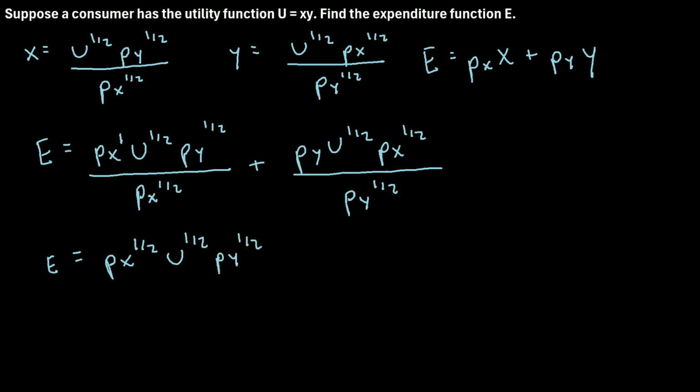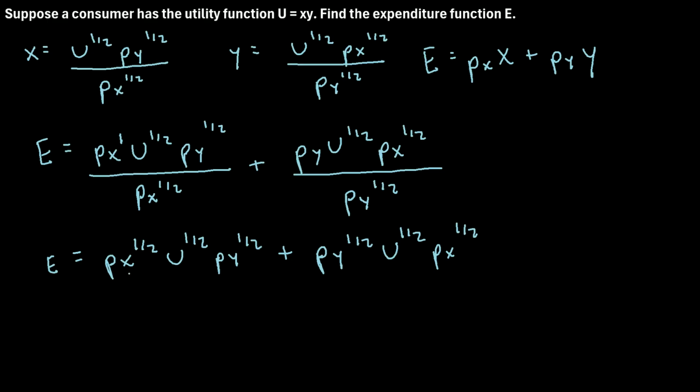And similarly over here, we'll do the exact same thing where this price of y has an exponent of 1, so we can just subtract the 1/2 exponent right here. So we'll be left with plus price of y to the 1/2, and then times u to the 1/2, and times the price of x to the 1/2.